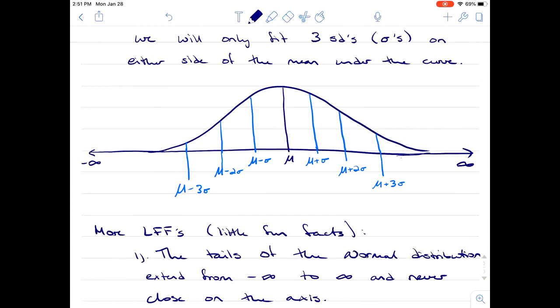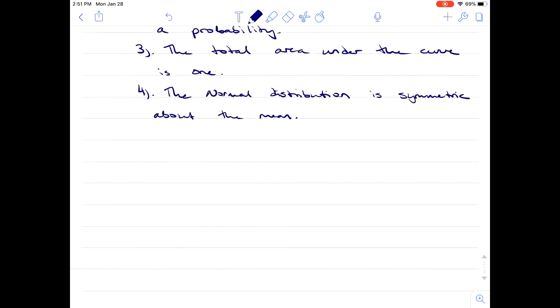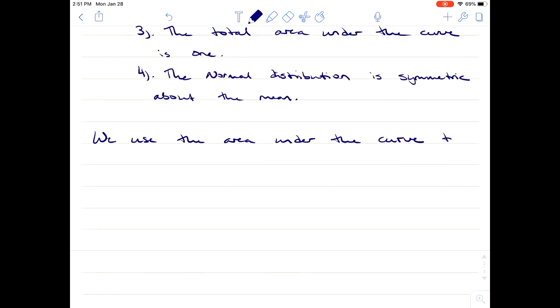So this distance is the same as this, it's the same as this, but this area is not going to be the same as this area. So we need tools to deal with that, because those aren't going to be easy to find. Well, they will be once I show you. But we use the area under the curve to calculate probabilities.